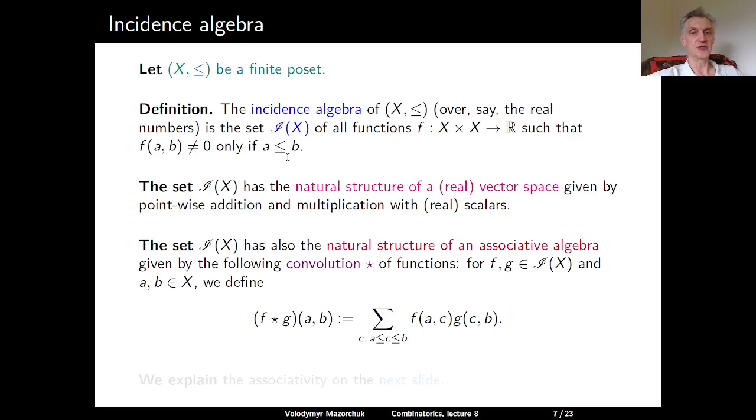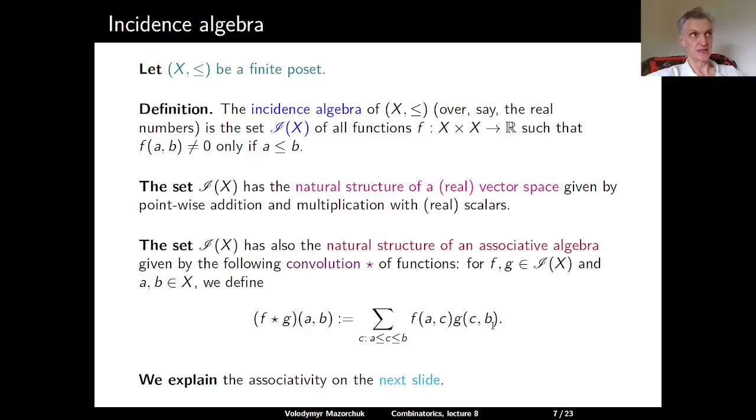Moreover, this set has the natural structure of an associative algebra given by the following convolution of functions, we denote it by star. So if we have two functions f and g in I(X), and two elements a and b in X, we define the value of f star g at the pair (a, b) as the sum over all intermediate elements c, so c should be greater than or equal to a and less than or equal to b, and then we take f(a, c) and multiply with g(c, b).